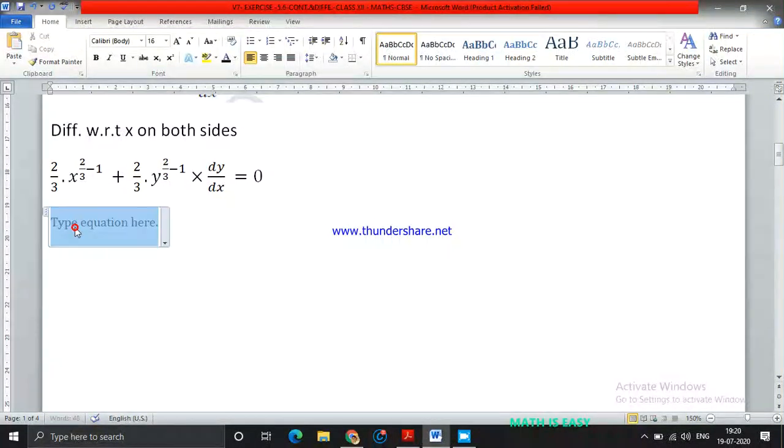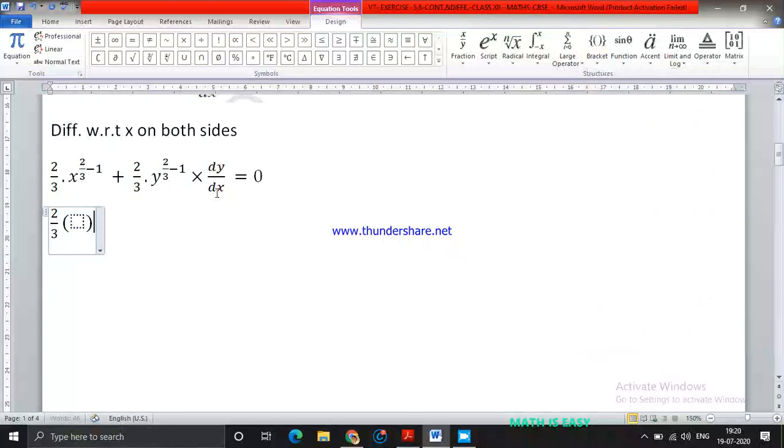Okay, now the next step: you can take 2 by 3 common from both the terms. After taking 2 by 3 common, let me simplify the exponent. This is x to the power of 2 by 3 minus 1. If I take the LCM for this exponent term, 3 is the denominator, so you will get 2 minus 3 upon 3, that is minus 1 by 3.